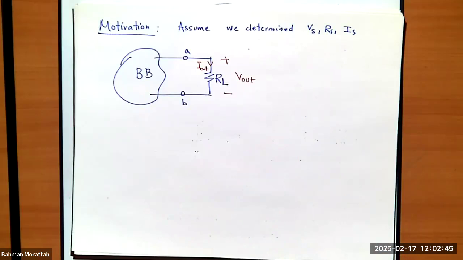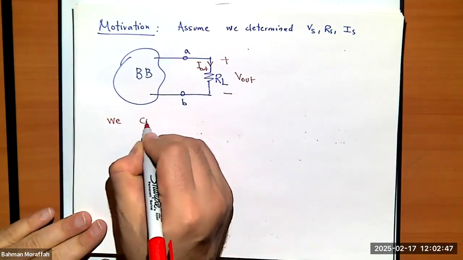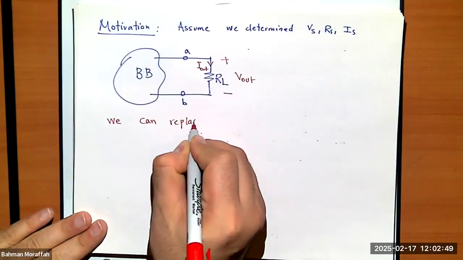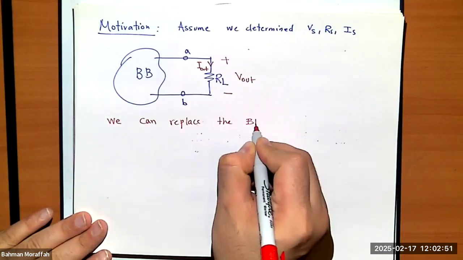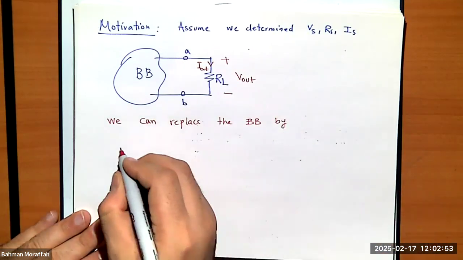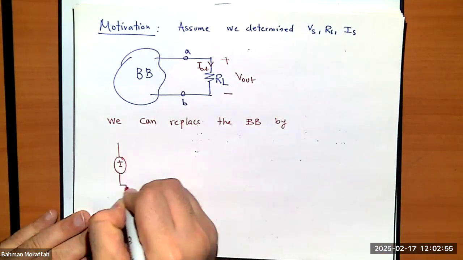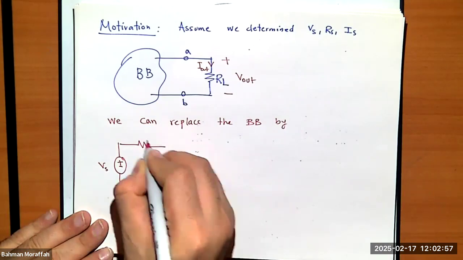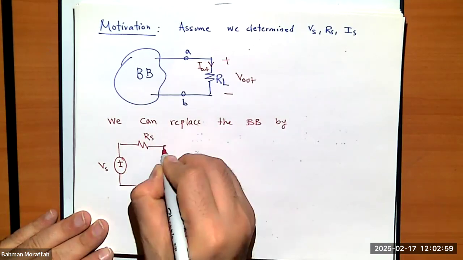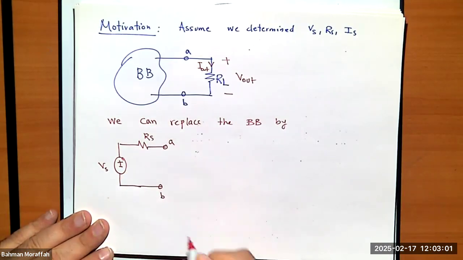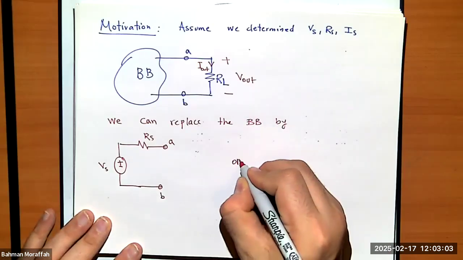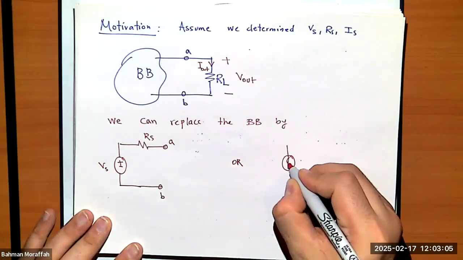So if we did this, we can replace the black box by either this guy, so Vs followed by Rs, and this is again point A and point B, or by this circuit.